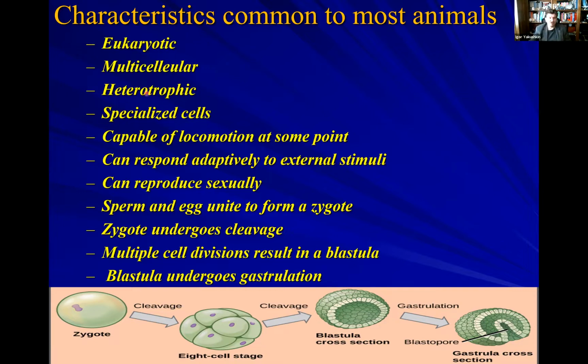Now, heterotrophic, we have to consume something in order to get organic compounds. We cannot just go outside, bathe in the sun, and get sugars made right in us. No, we cannot. We have to consume pre-made organic compounds.